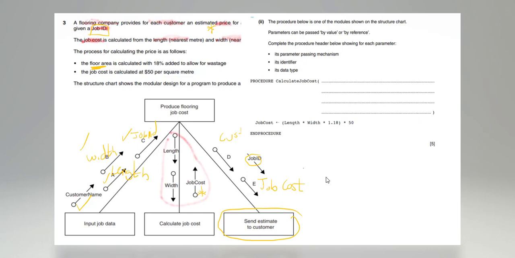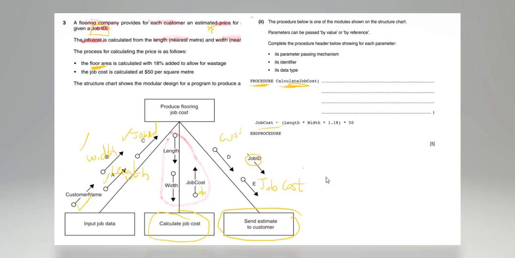Right, so the procedure below is for one of the modules shown on the structure chart, which is calculate jobs. So we're talking about this. So what we need to do is create the code in order to do this, i.e. the header for our procedure.